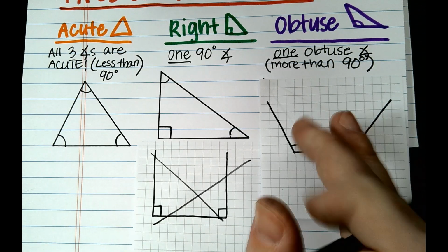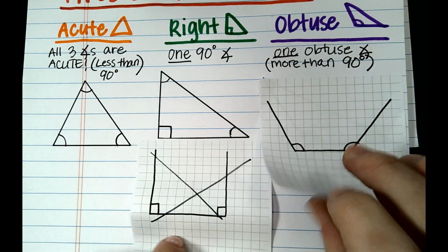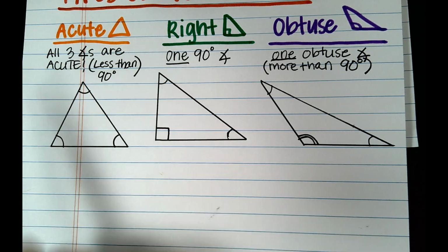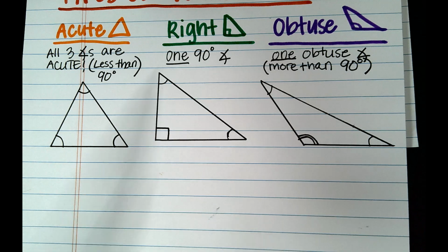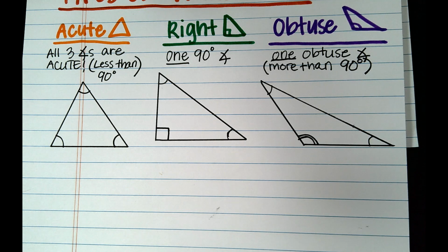There's no way this will ever be a triangle, ever. So, triangles are nearly always made up of acute angles. They just need one angle that's 90 degrees to be considered a right triangle, and they just need one angle more than 90 degrees to be considered obtuse. Every other angle will be acute because of the way they are.